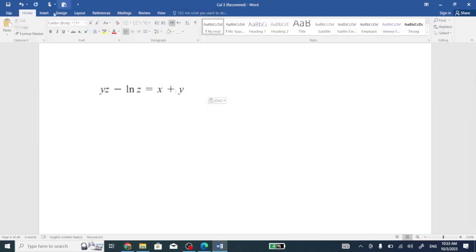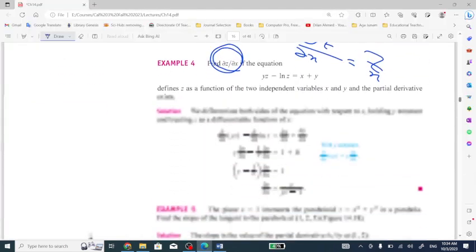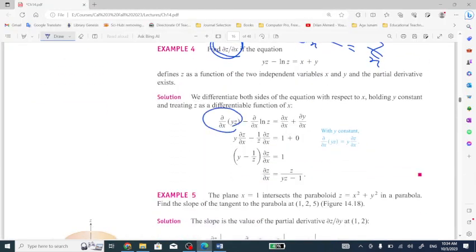The same thing is true for z, because z is implicit. I remember in calculus 1, y prime; here we don't have a z prime, we have z by x.